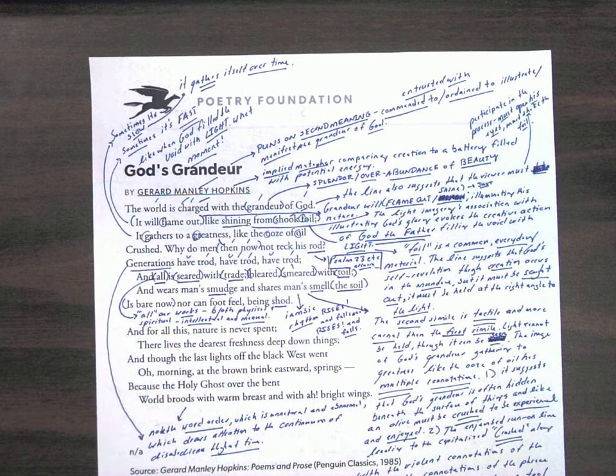Hopkins writes, "The world is charged with the grandeur of God. It will flame out like shining from shook foil. It gathers to a greatness like the ooze of oil crushed. Why do men then now not reck his rod? Generations have trod, have trod, have trod, and all is seared with trade, bleared, smeared with toil, and wears man's smudge and shares man's smell.